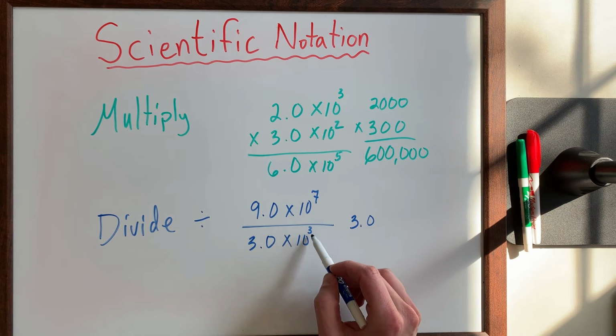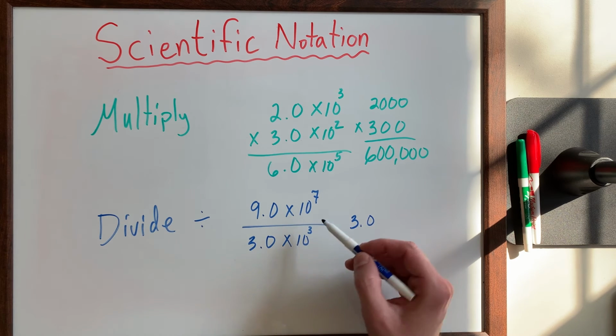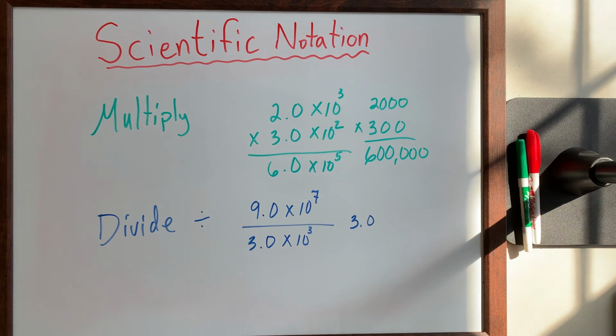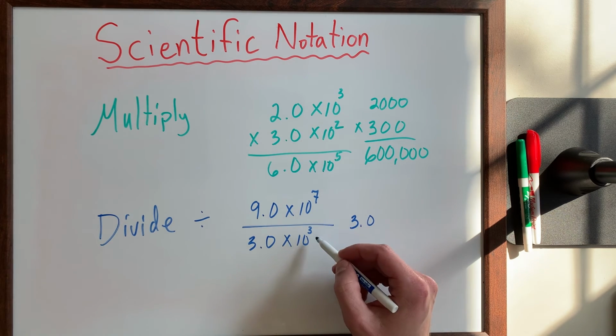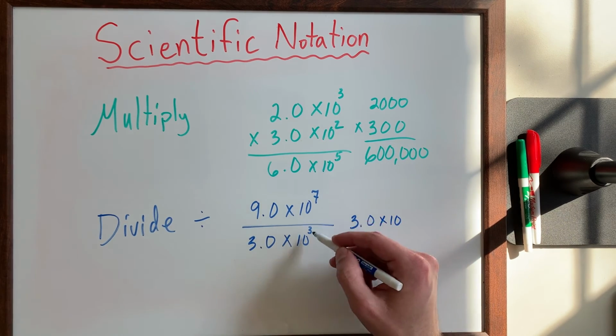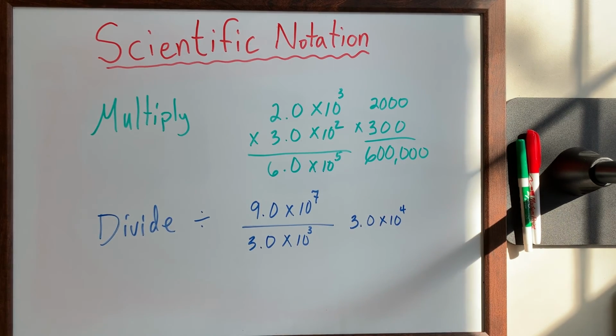But instead of adding like we did before, we're going to subtract. We're going to take the top exponent, and we're going to subtract the one underneath, okay? Let's try that out. 7 minus 3, so this is going to be times 10 to the 7 minus 3 is 4, okay? 7 minus 3 is 4, so 3 times 10 to the 4th.